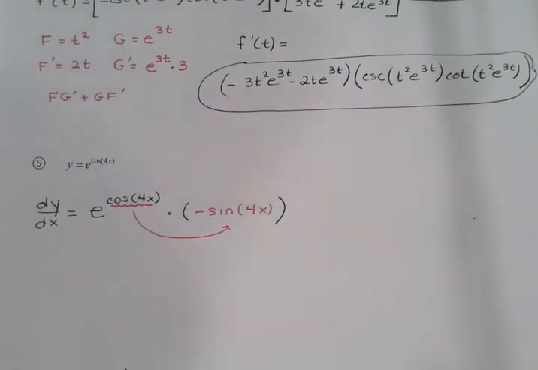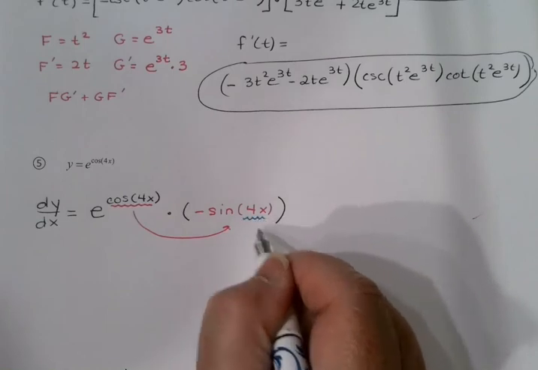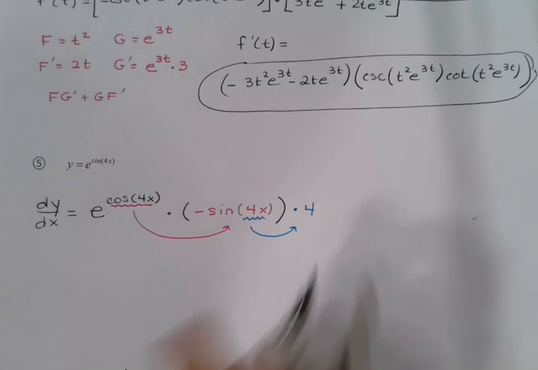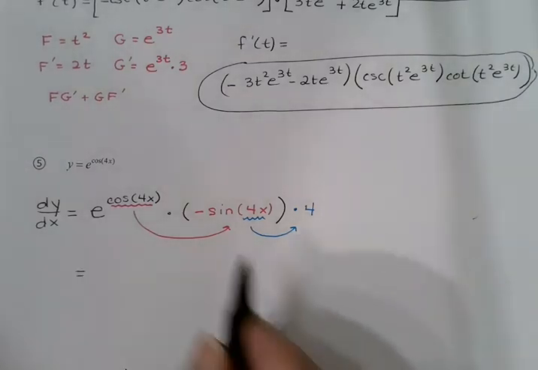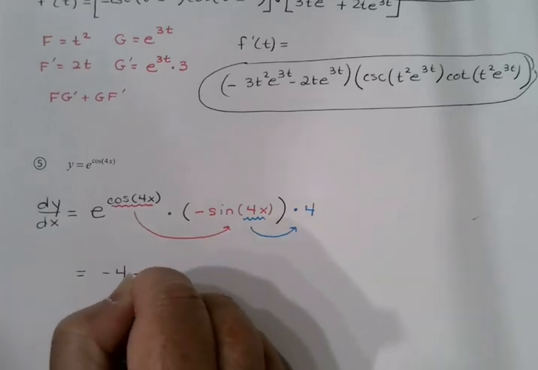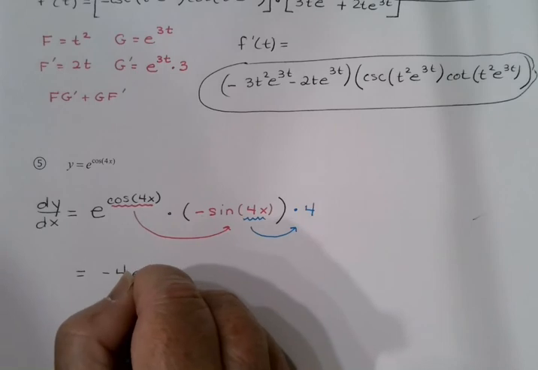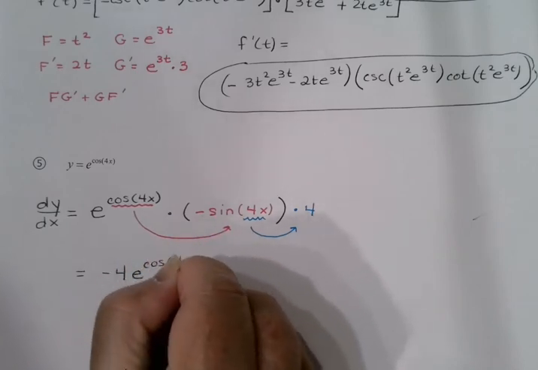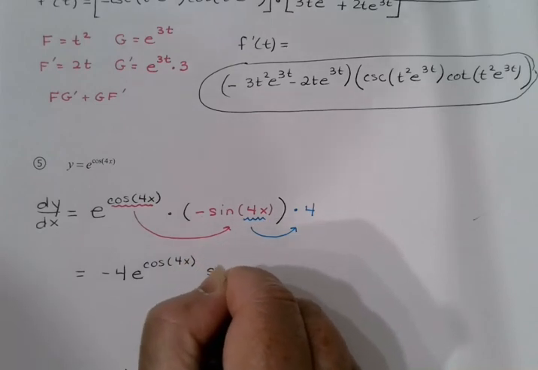And then one more chain rule, we still have 4x as an inner function, and the derivative of the 4x would be 4. So I could pull the negative 4 out in front, and then I'd have e to the cosine 4x times the sine of 4x.